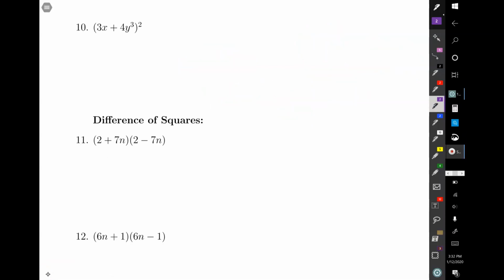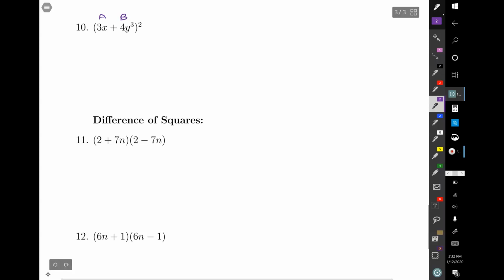Okay, just a few more here. I'm going to do this number 10 using the formula. So just follow along. We have quantity 3x plus 4y cubed, all raised to the second power. So my A is 3x and my B is 4y cubed.